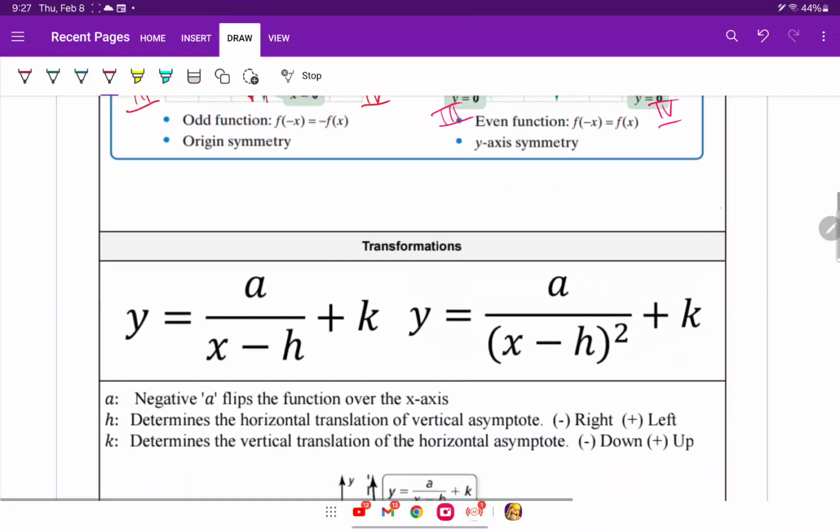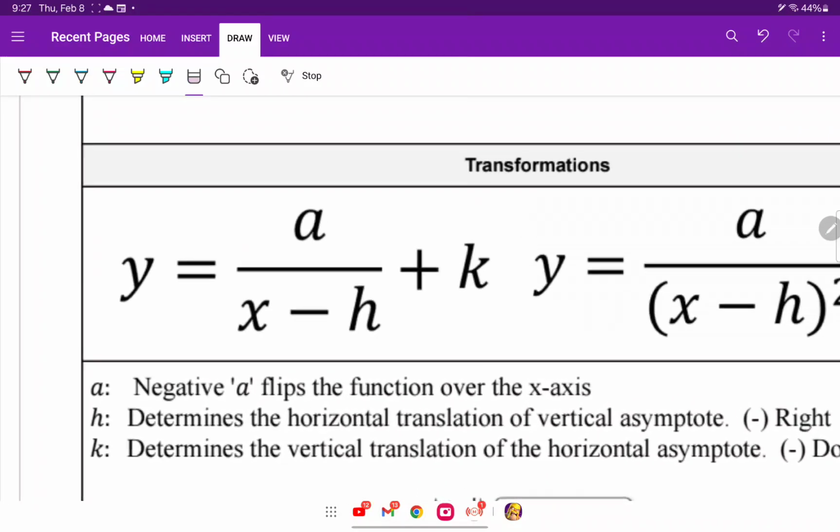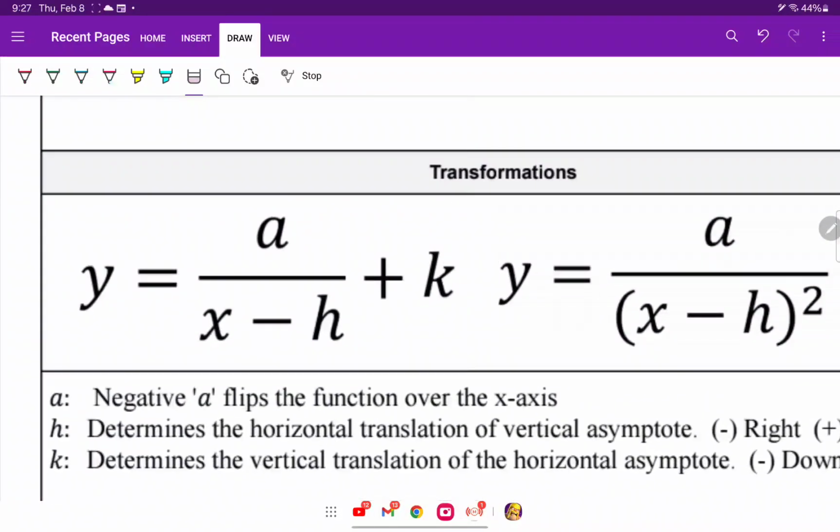Okay, so let's talk about transformations. Notice we have both equations here, and let's just refresh ourselves on what these do. Let's start with the easy one, h. Remember, insiders lie. So here we have insiders lie, and h means it moves left or right.